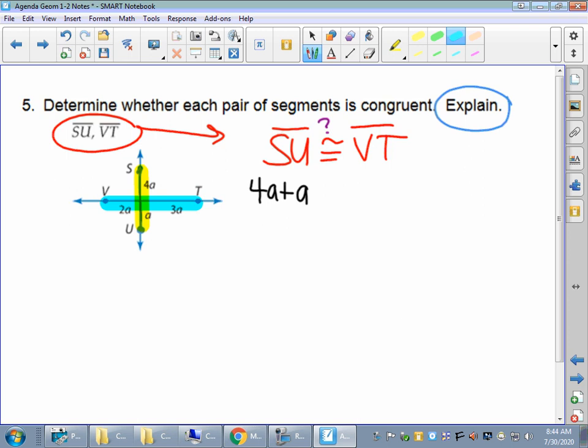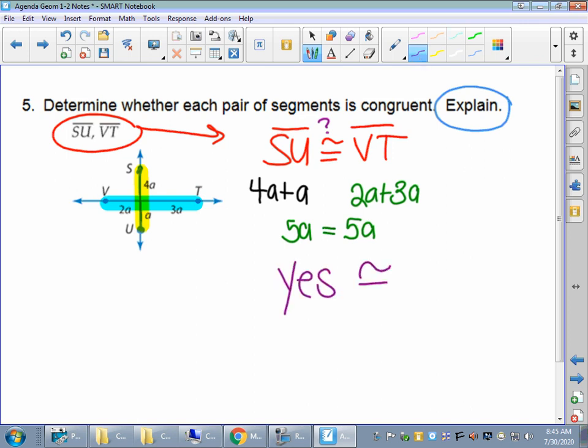Well, from V to the intersection and then the intersection to T. So that looks like it's going to be 2A plus 3A. Are those congruent? Well, this would be 5A. This would be 5A. So yes, SU is congruent to VT.